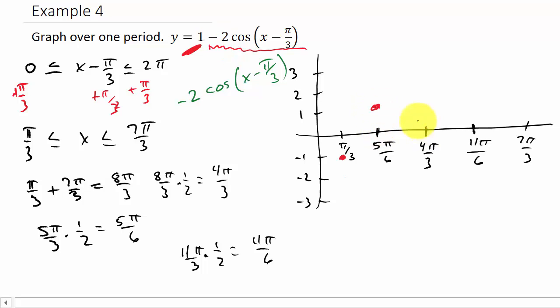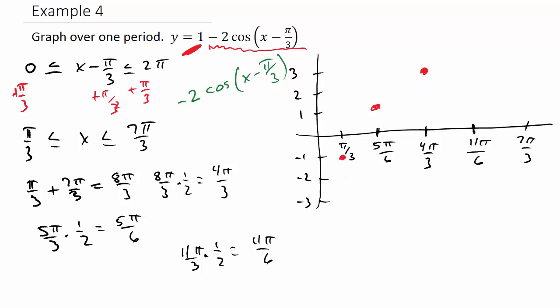And then, remember, negative 2 cosine x minus pi over 3, then it would go to its minimum, but since I have a negative in front, it's going to go to the maximum, which is 2. And then I'm adding this 1, so 2 plus 1, that's 3.